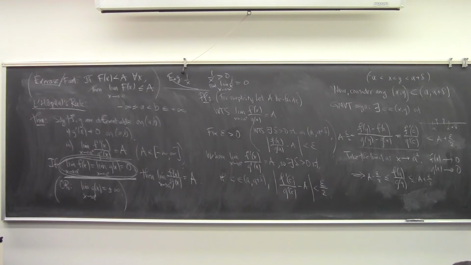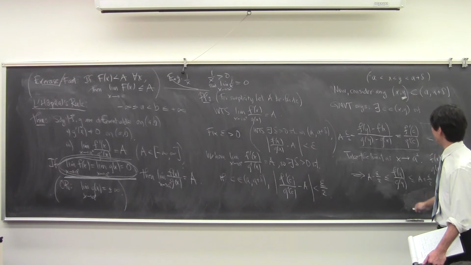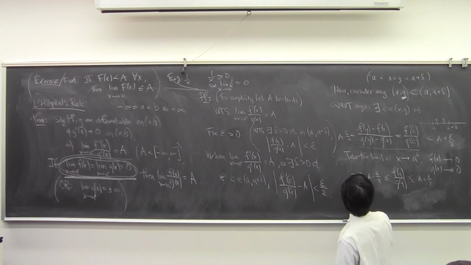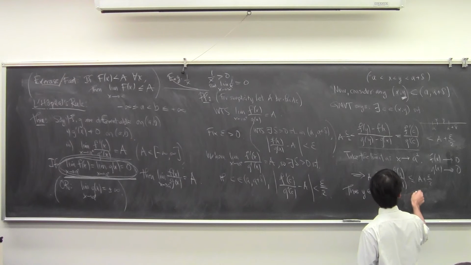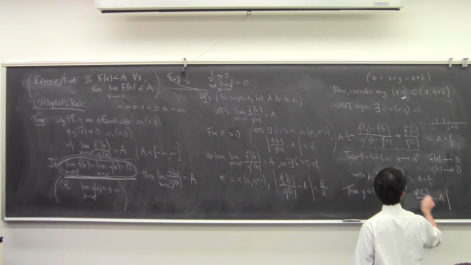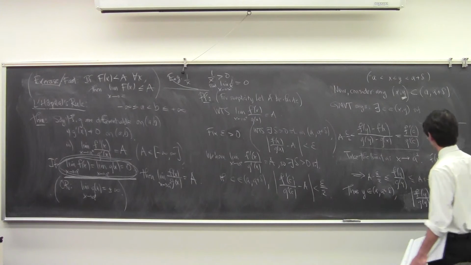Okay. So that's it, that gives us that. So what do we see? We see that, thus, if y is in a plus delta, f of y over g of y minus a is smaller than or equal to epsilon over 2.